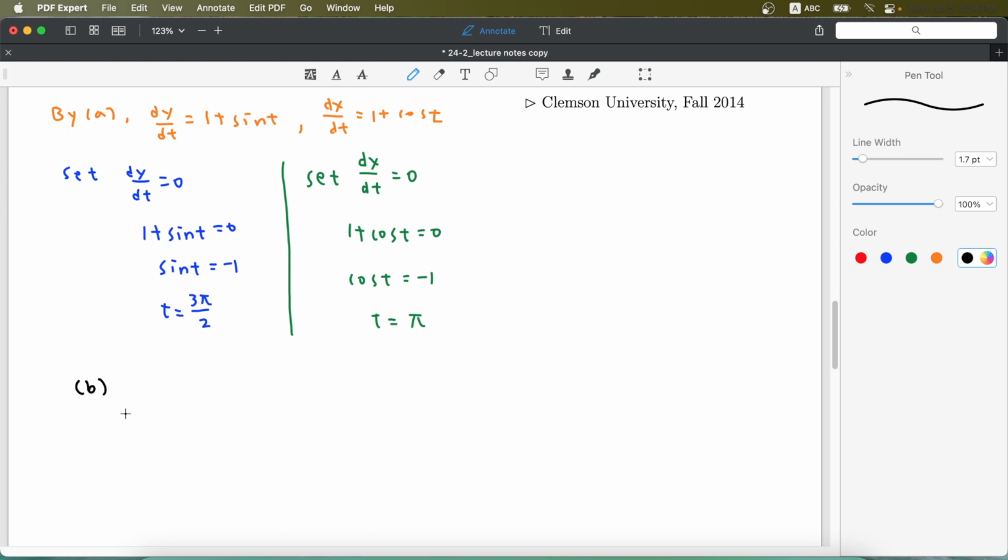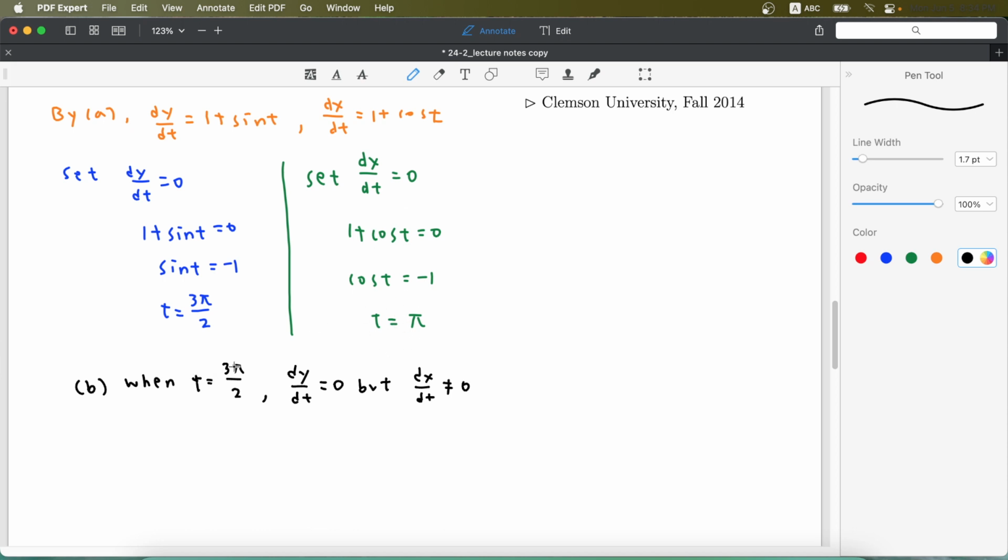So for B, when t equals 3 pi over 2, I know my dy over dt, my numerator, is 0, but my denominator is not 0, because the denominator equals 0 only when t equals pi.